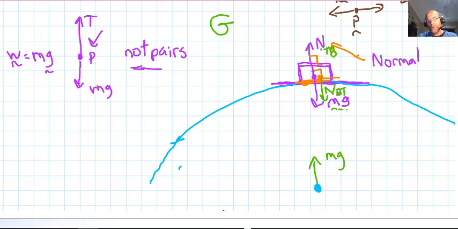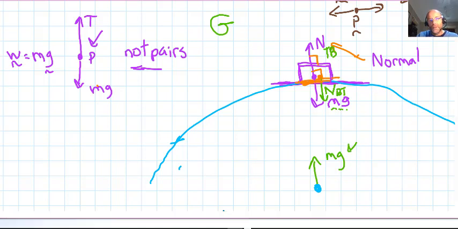Now this normal's got a little TB written there, and that's referring to the normal of the table on the book. So it acts from the table on the book. Down here in green we have an mg going up.